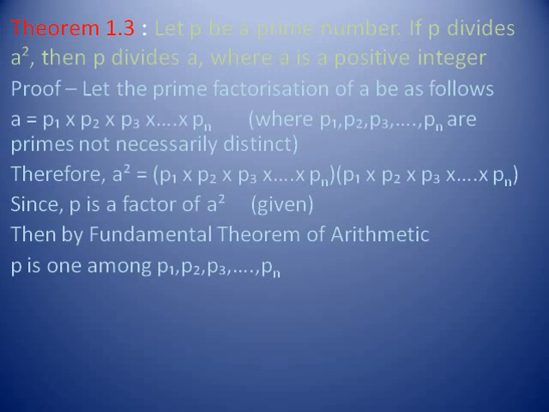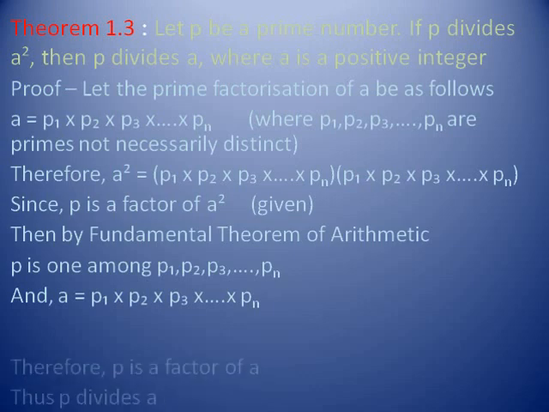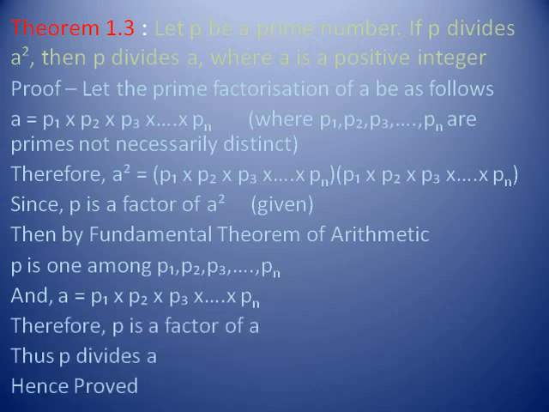But as per our assumption, P1, P2, P3, Pn are the factors of A, that is A is equal to P1 into P2 into P3 into Pn. Therefore, P is a factor of A, thus P divides A, hence our theorem is proved.